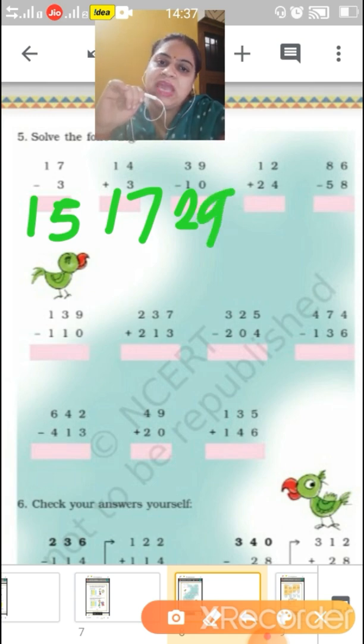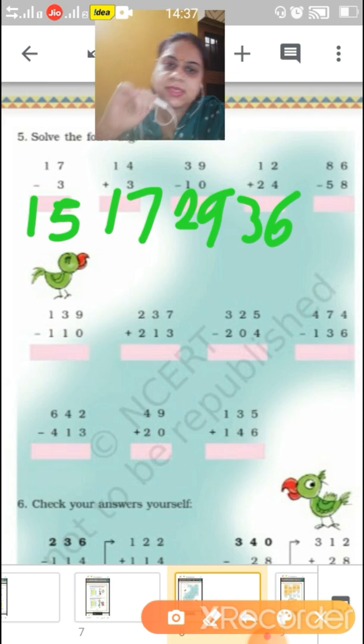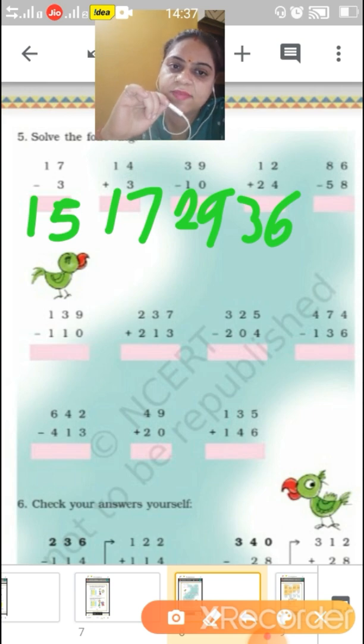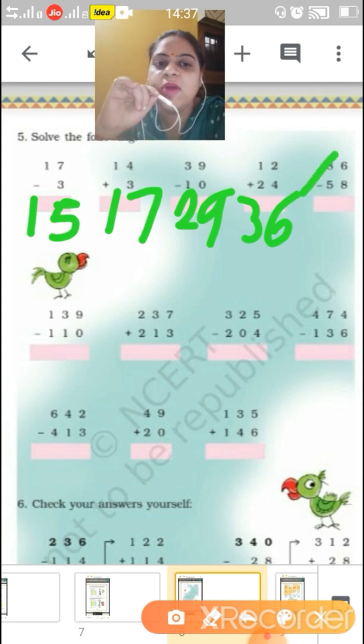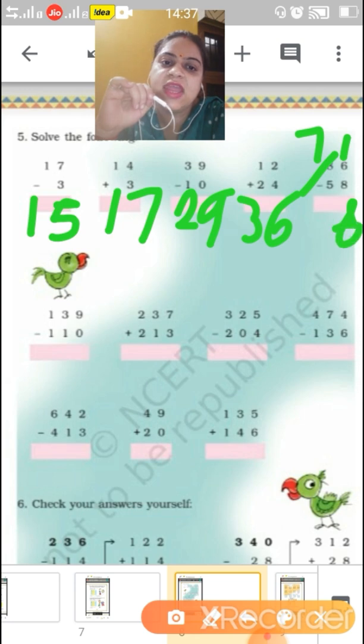Now 12 plus 24, that is 36. Now 86 minus 58, you will take carry from it 1, that is 16 now, and this is 7. So 16 minus 8, that is 8. 7 minus 5, that is 2. So your answer is 28.